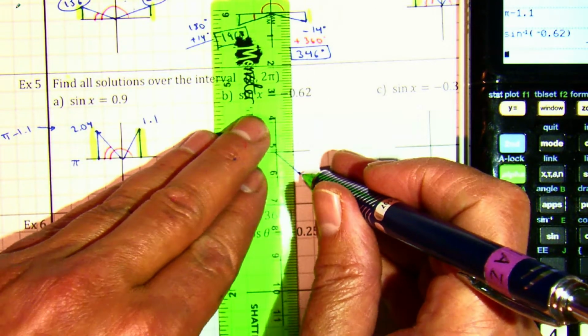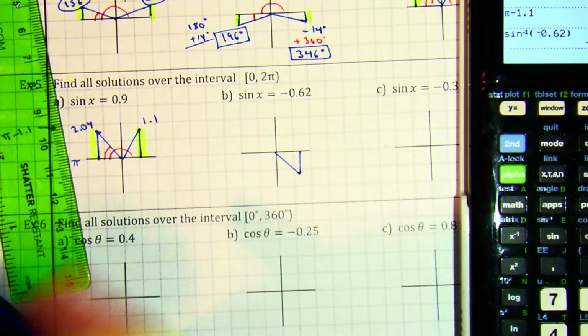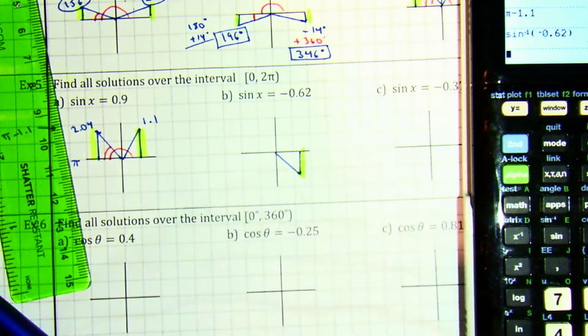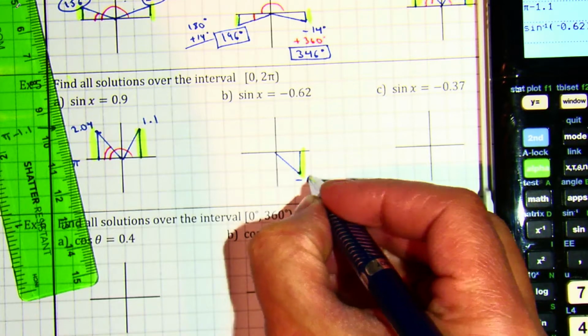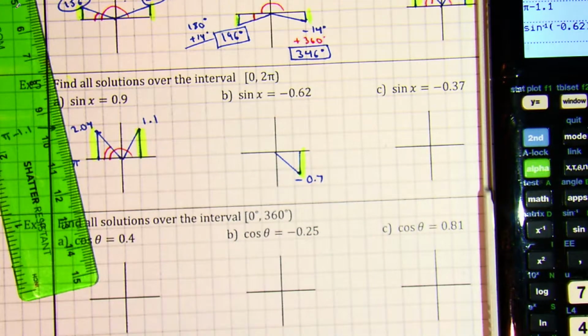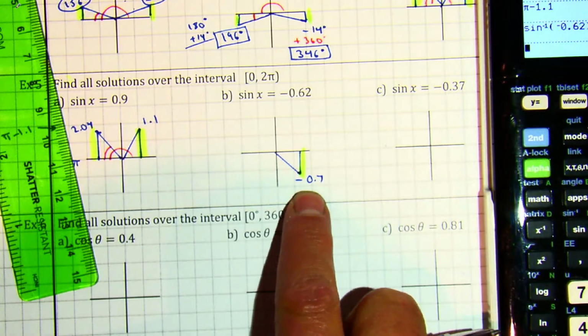And we're looking for the sine, which is your y value. So there's another angle. Well, first I need to find the positive version of this. So what do I need to do in order to find the positive version?